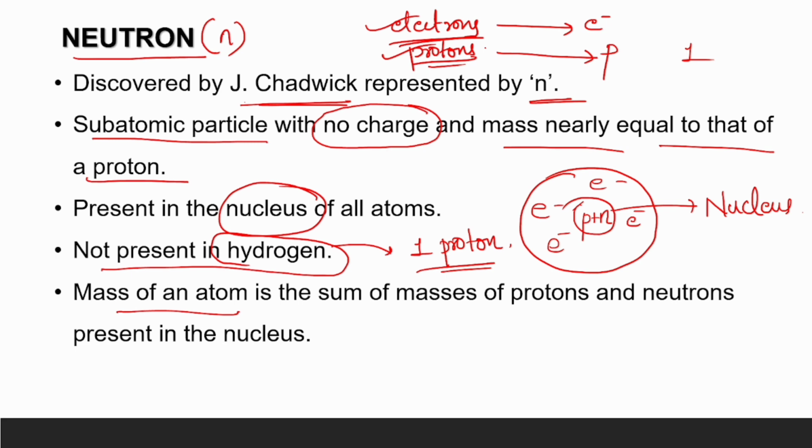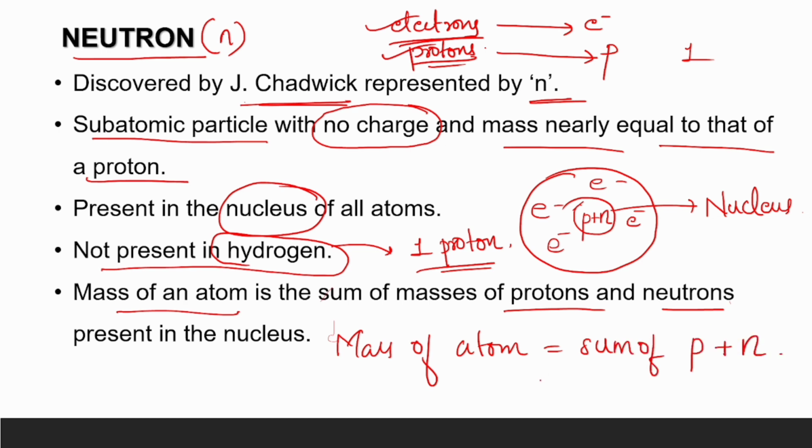So, what contributes to the mass of an atom? The sum of the protons and neutrons gives the mass. So the mass of an atom is equal to protons plus neutrons that are present inside the nucleus.